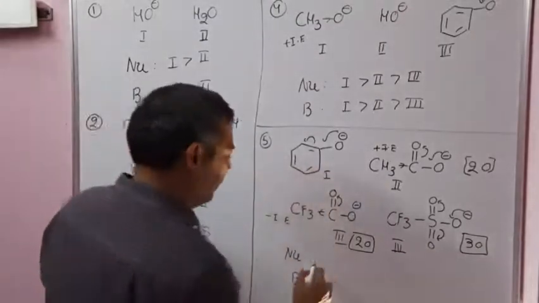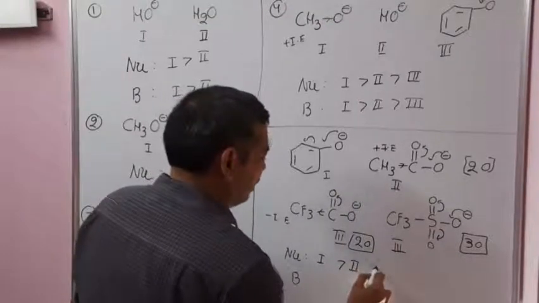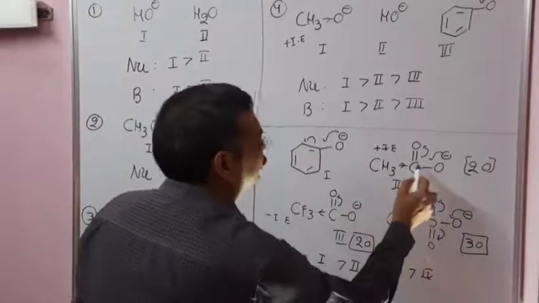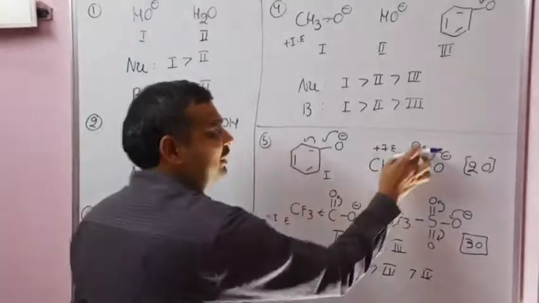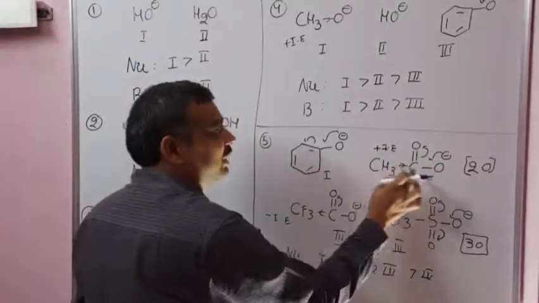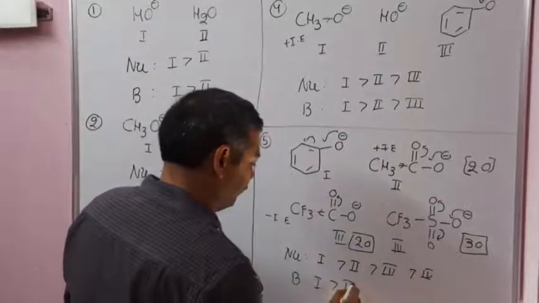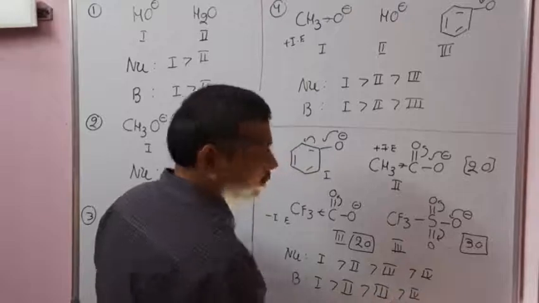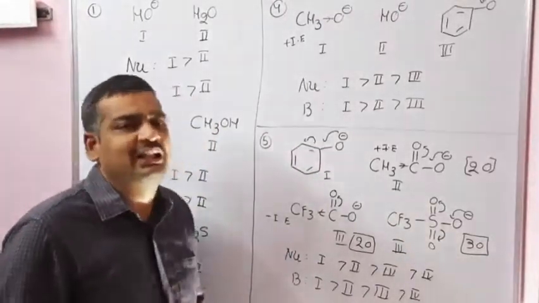So see the order of nucleophilicity: 1 is more nucleophilic than 2, than 3, than 4. These two have 2 oxygens, and resonance takes place on this one. That's why this is more reactive than this one. Basicity is also the same. So if the number of oxygens involved in the resonance is more, nucleophilicity and basicity decrease.